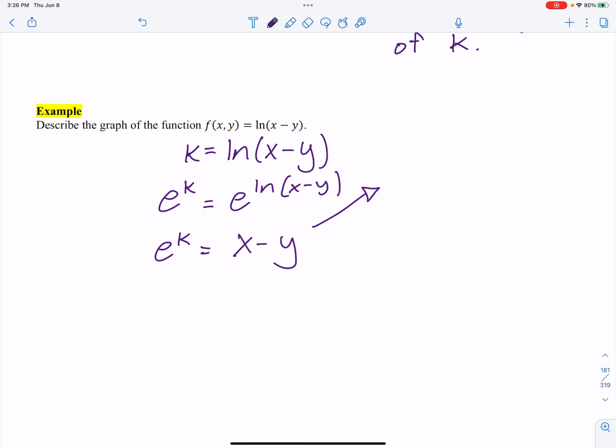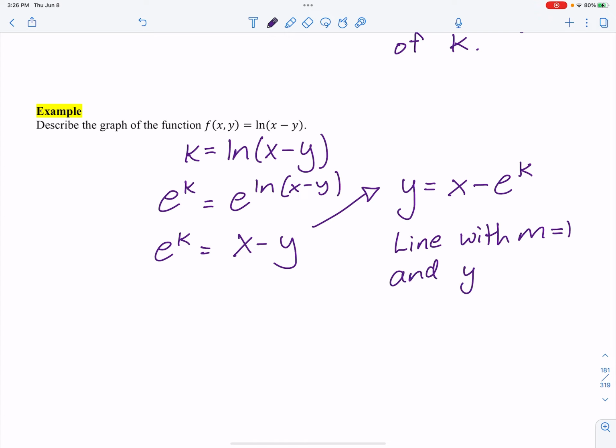If I were to solve for y in this case, I get y equals x minus e to the k. Right? Hopefully you can figure out what that is. Okay, so what this is, it's a line with slope of 1 and y-intercept of negative e to the k.